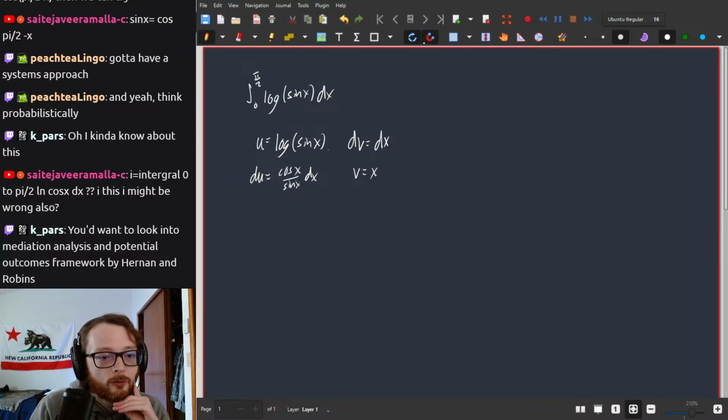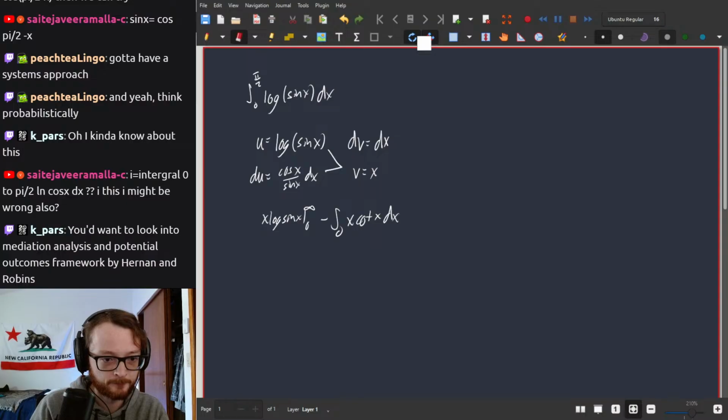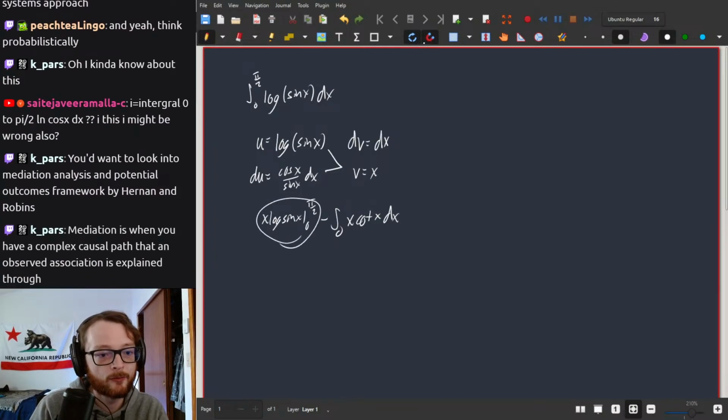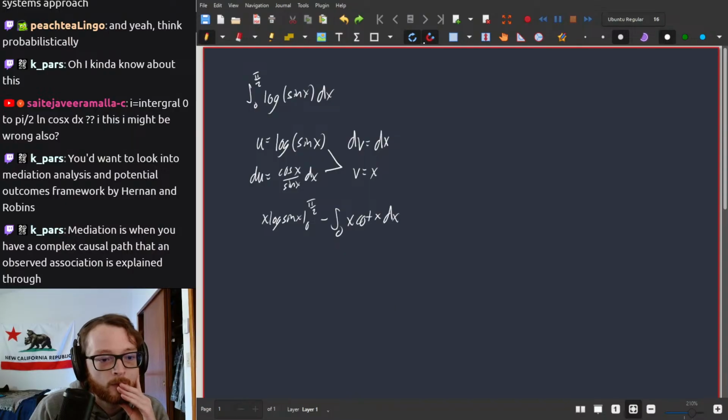All right, so uv minus integral of v du. Integration by parts a second time. We should be okay. Already this thing is diverging though. So, well, this should diverge, but there's a limit to take there.